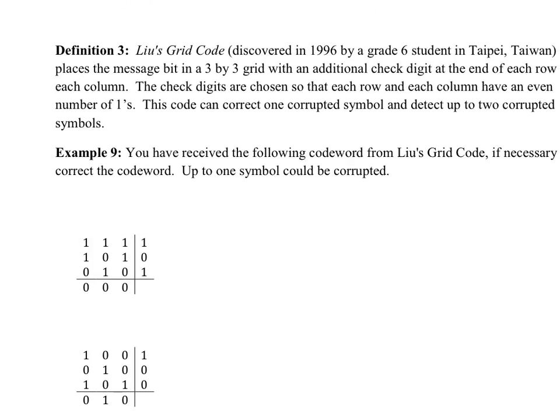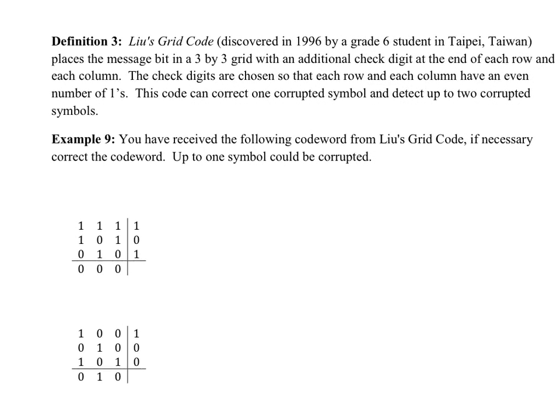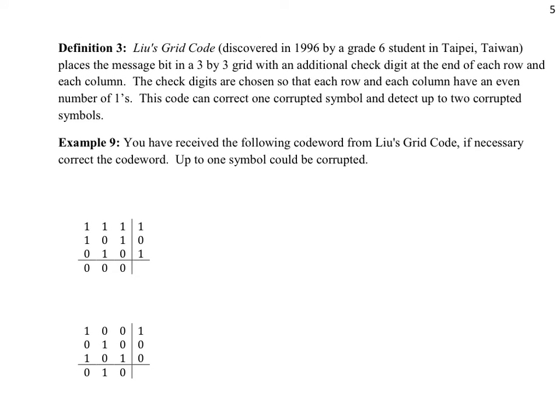So the next one is called lose grid code. So what lose grid code does is places the message in a 3x3 grid. You could use a different size grid, but for our purposes, we'll use a 3x3 grid. And then we place an additional check digit at the end of each row and at the end of each column.